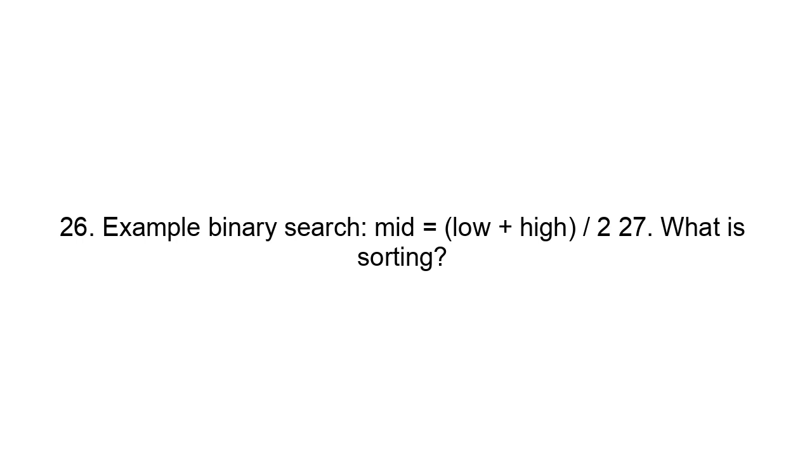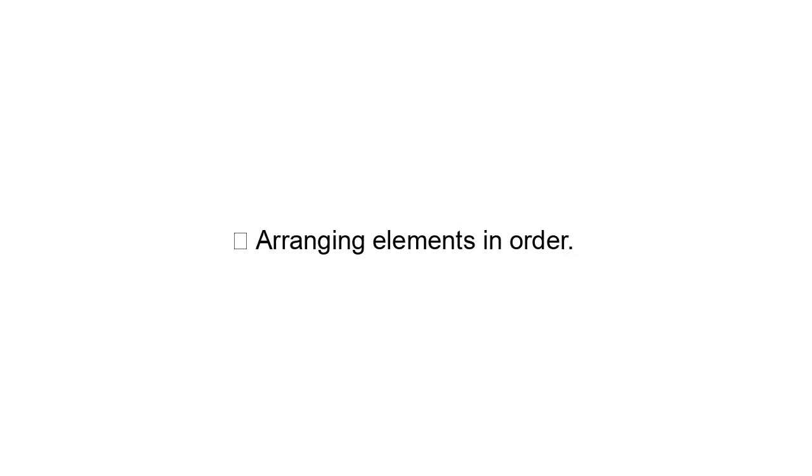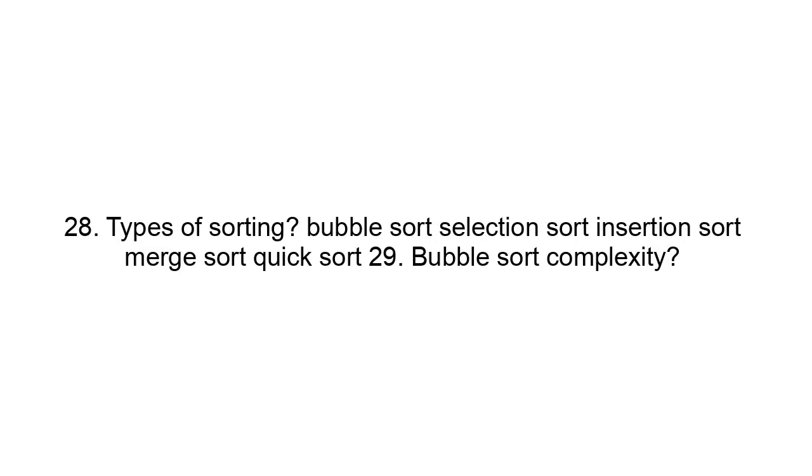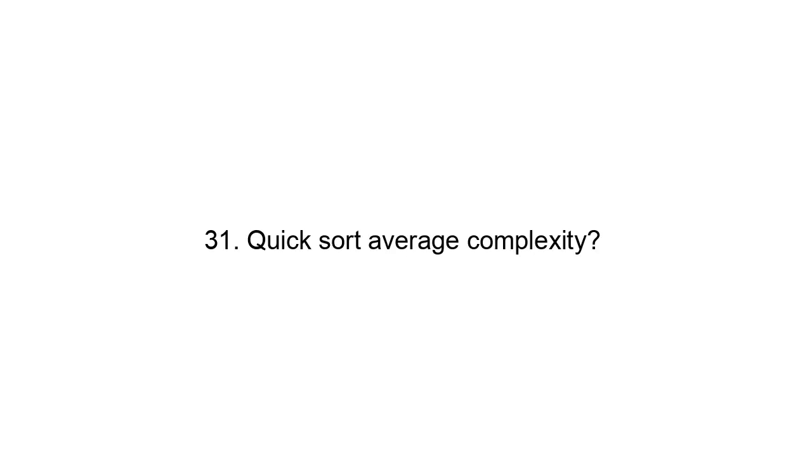27. What is sorting? Arranging elements in order. 28. Types of sorting. Bubble sort, selection sort, insertion sort, merge sort, quick sort. 29. Bubble sort complexity. O(n squared). 30. Merge sort complexity. O(n log n). 31. Quick sort average complexity.